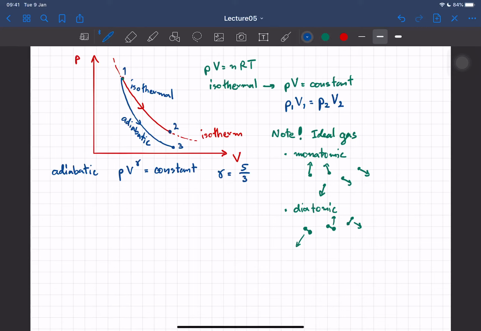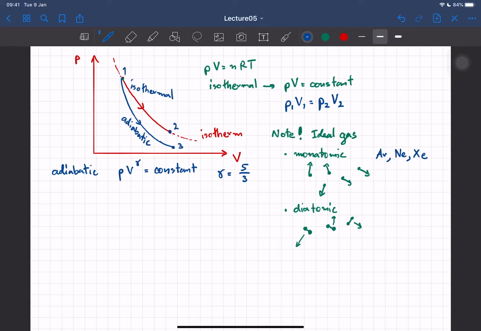And well, what determines whether it's monatomic or diatomic? It depends on what kind of gas you have, right? So this is a little bit of chemistry coming in here. So monatomic is the molecule that has one atom. For example, that gas can be something like argon gas, neon gas, xenon gas, right?